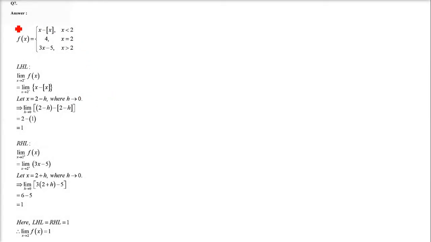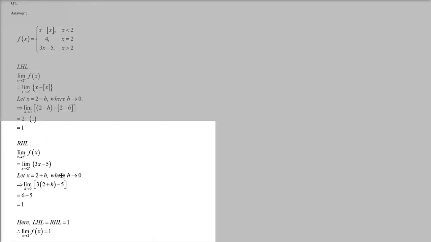Now this is question number 7. It says evaluate limit x tends to 2 of f(x) if it exists, where f(x) equals, there are three parts of this function.